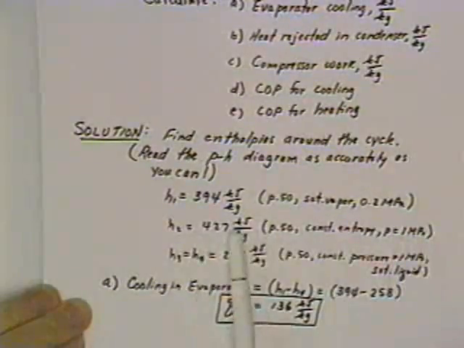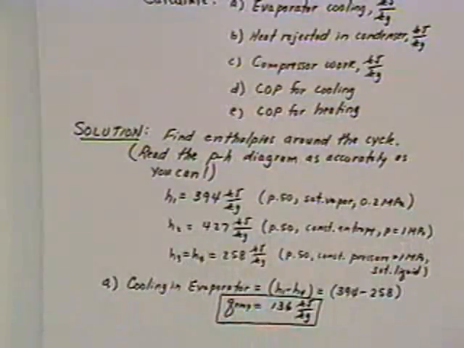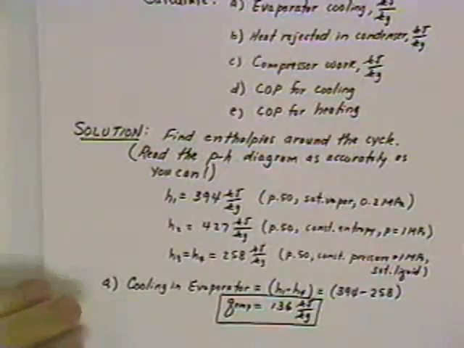This is one of the most difficult ones to locate, because you're going up a constant entropy line, which is curved, and trying to interpolate where 1 megapascal is at constant entropy.